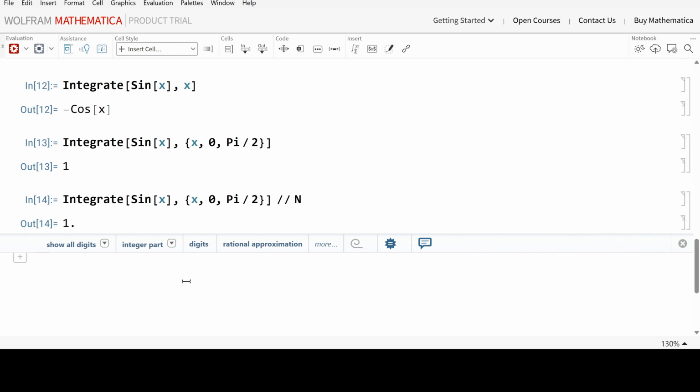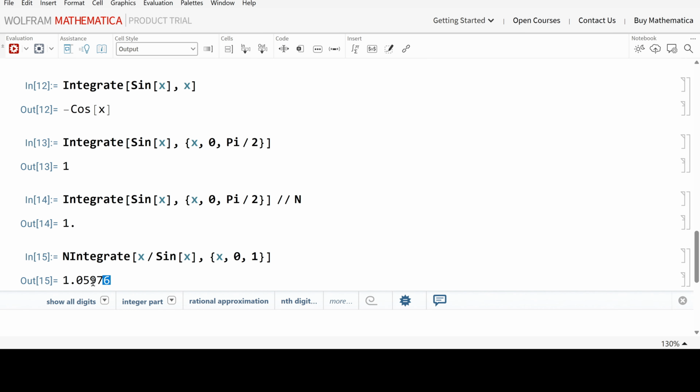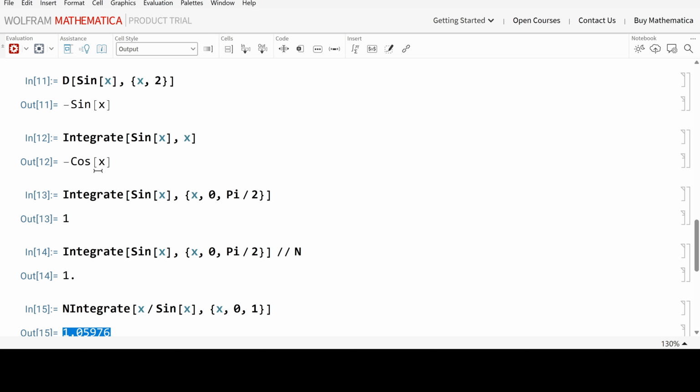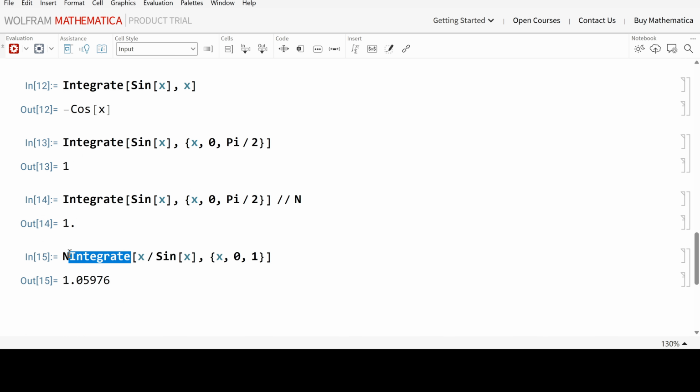For example, NIntegrate of x divided by sine x from 0 to 1 gives a numerical estimate. So, D for derivatives, Integrate for exact integrals, and NIntegrate for numerical ones. 3 commands, and you've mastered calculus in Mathematica.